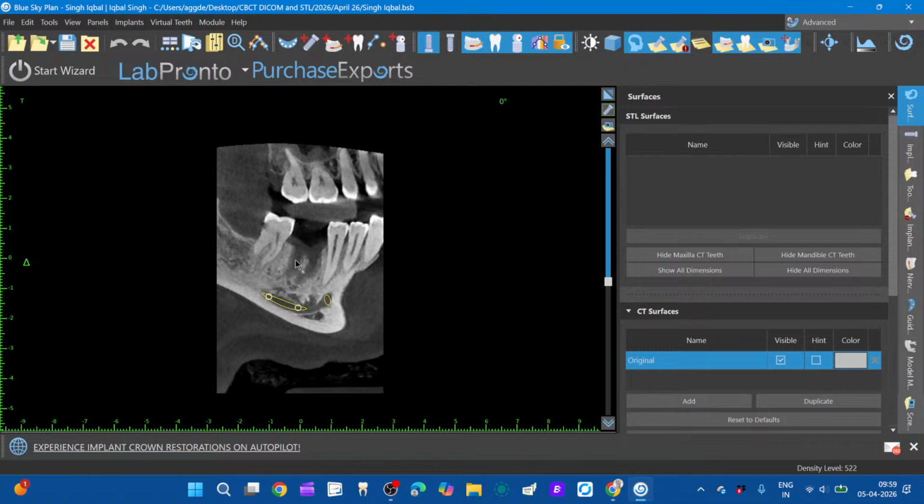Otherwise the drill will venture into mesial or distal socket because it is softer there. The drill will follow the path of least resistance, so you need to be very controlled there. So this is actually the position where you should be placing your implant, in the interradicular area, because that is the most axial position.